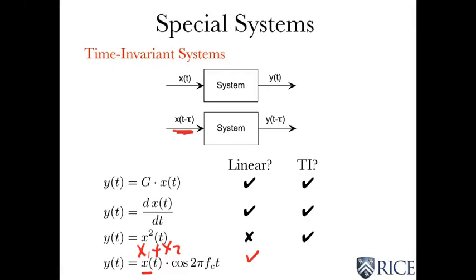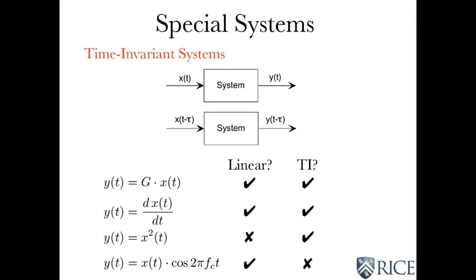So if I replace x here by t minus tau, you don't replace it over here because that's inside the system. That's not the input being delayed. Well, that's not the same expression that you get if you replace t minus tau over here in this formula. You'd have to replace the t in both places by t minus tau. So this system is not time invariant. You delay the input, you do not get the output you had before delayed, because this cosine is changing behavior with time.